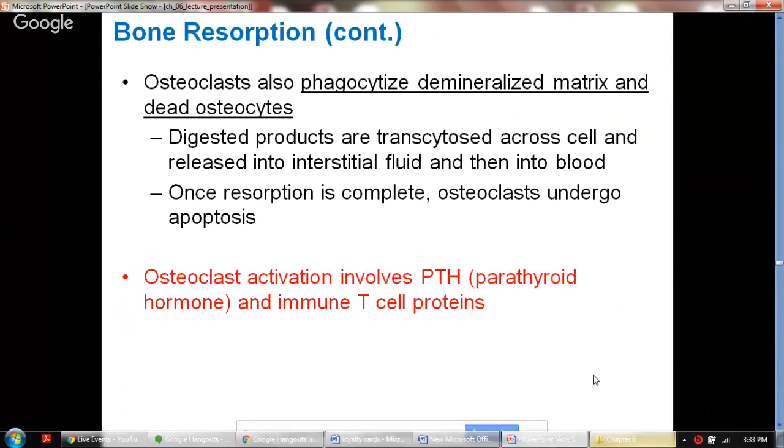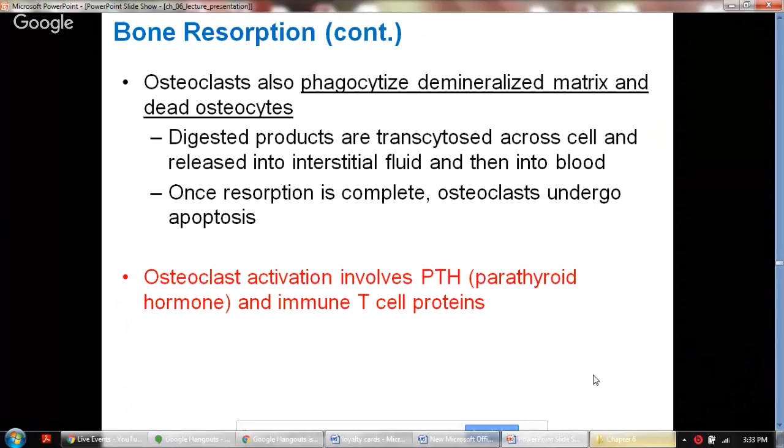And they also perform phagocytic functions on the demineralized matrix and the dead osteocytes. How they do it is they digest these products and transcytose them across the cell, and they are released into the interstitial fluid and then into the blood.